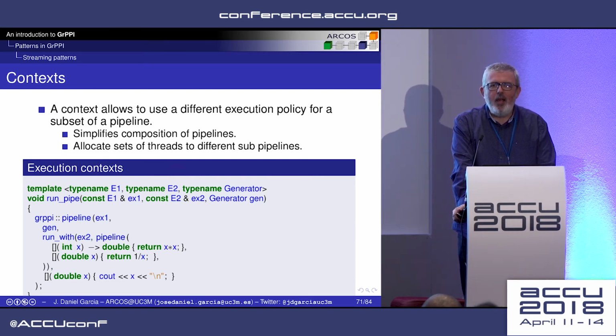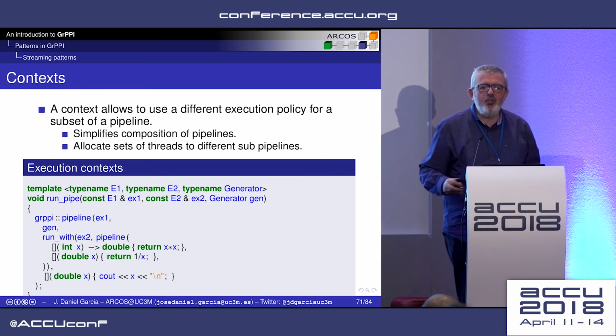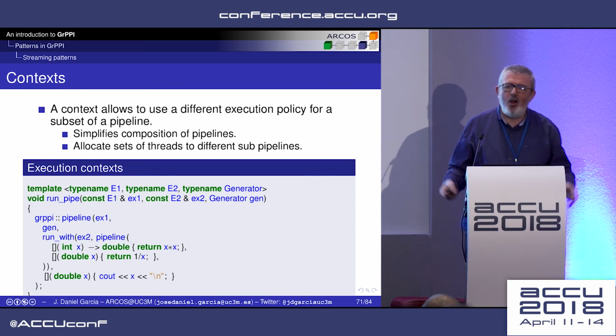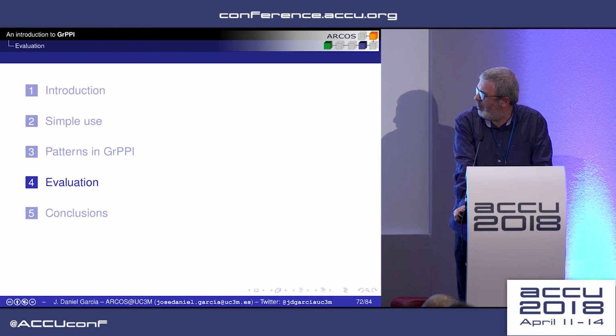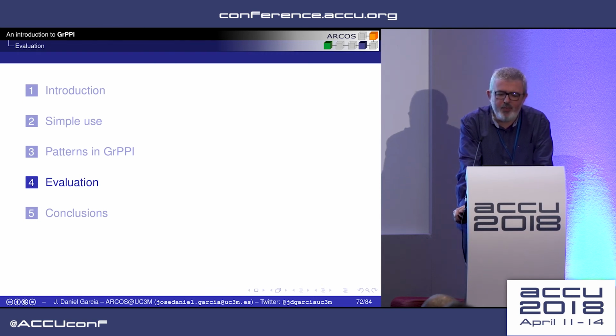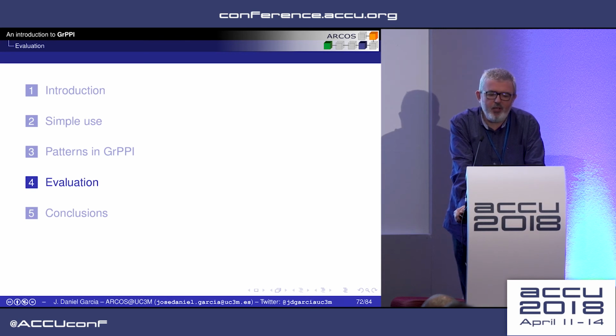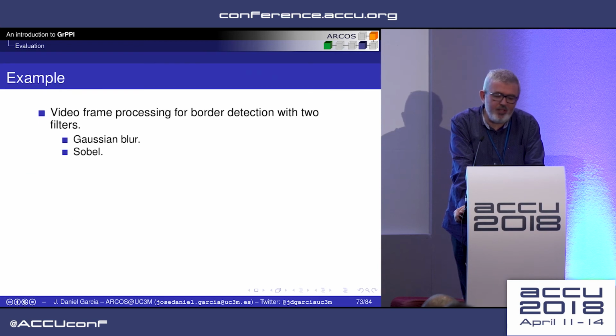I'm not going to give you a very long evaluation here, just some data. The first example I'm going to show you is a small example of video frame processing for border detection. For this, we use two consecutive filters: the first one is a Gaussian blur, and then a Sobel filter.